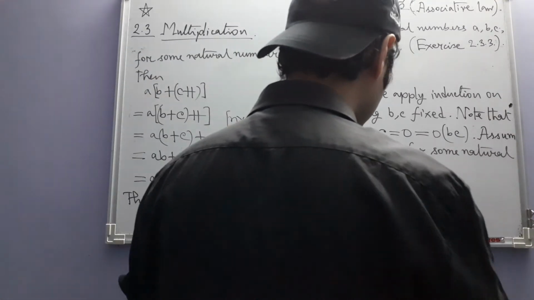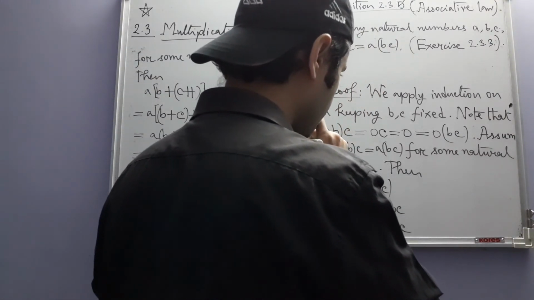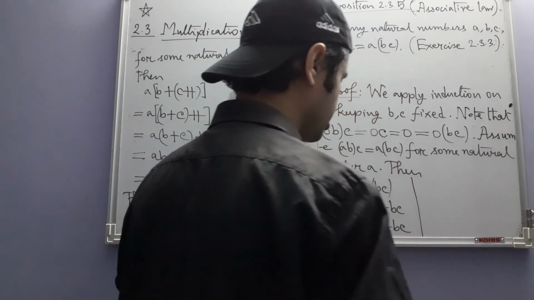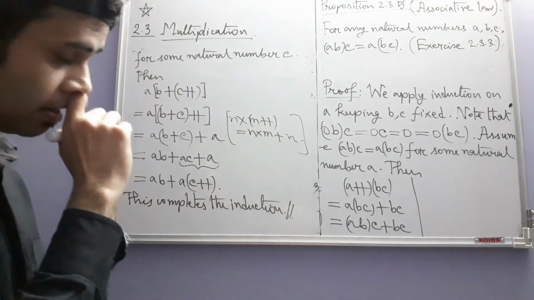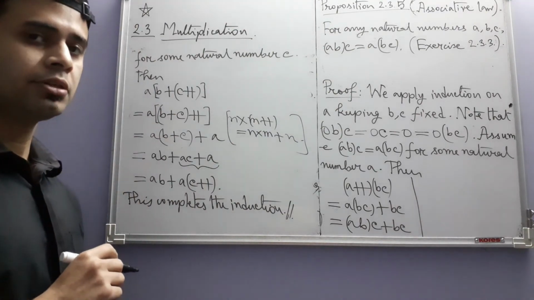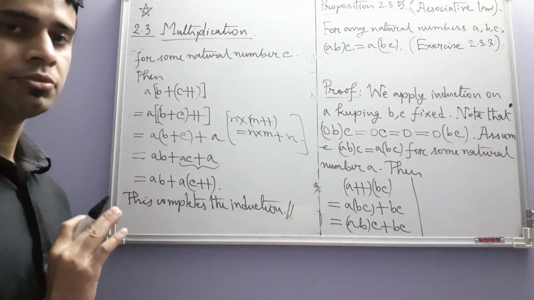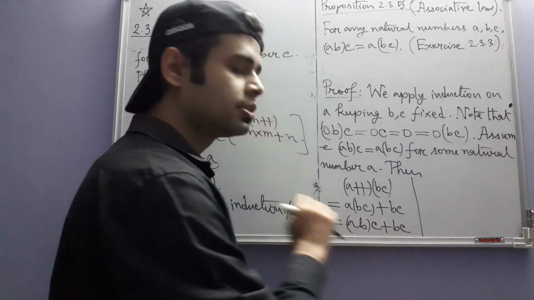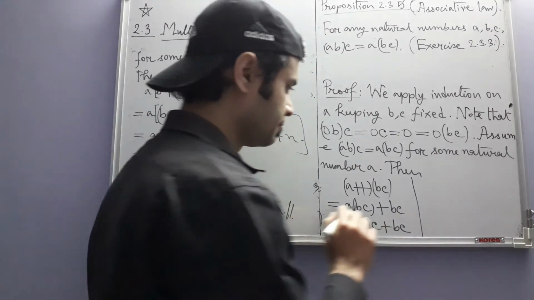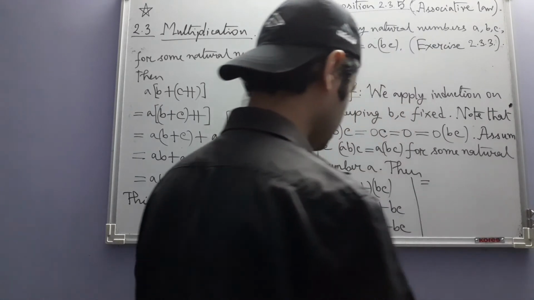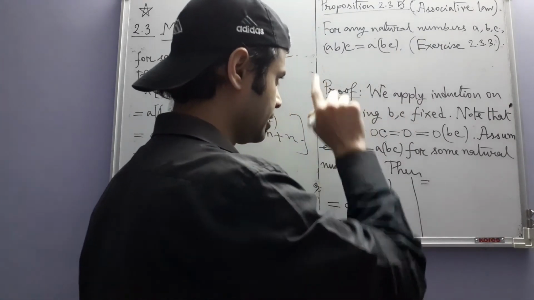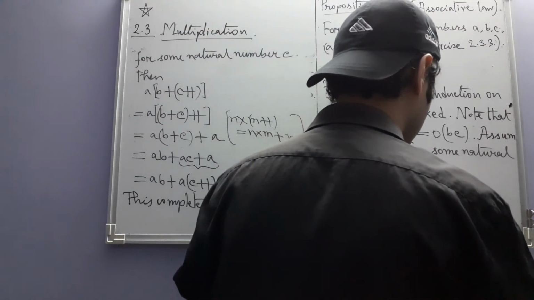Now let me continue the calculation here. This is why the distributive law was proved before proving associativity, because you see, we are in a position to use the distributive law here. I can take C common out. It's because of the distributive law that I have already proved.